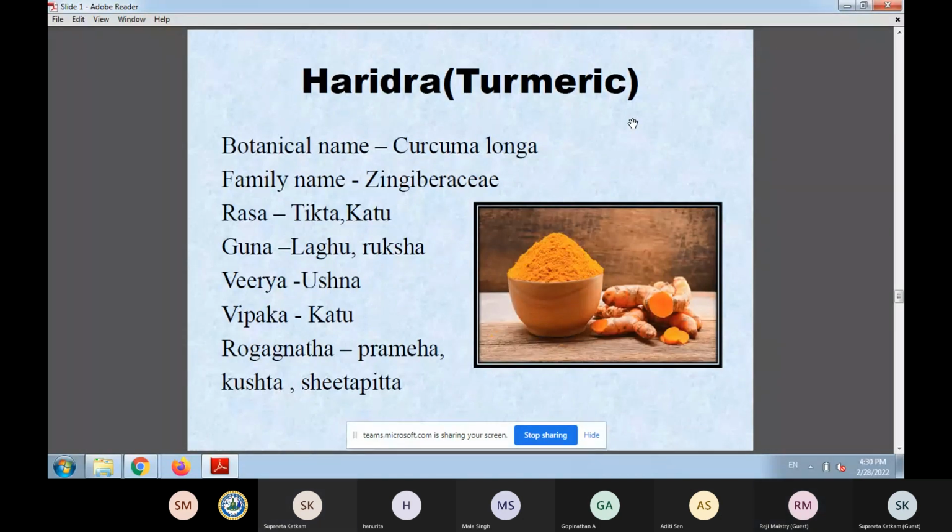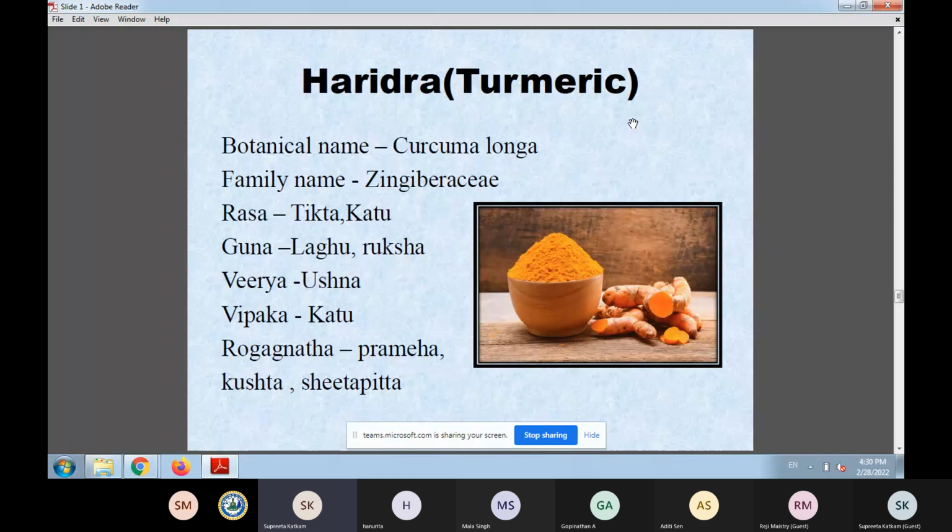Ma'am, then what about pumpkin, watermelon, and muskmelon seeds, like the magaj we call in India? I basically feel pumpkin seeds will help in nourishment. They'll increase the kapha dosha in the body. Muskmelon, I feel, increases the pitta dosha.